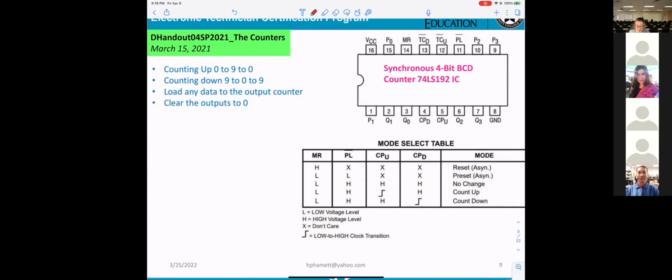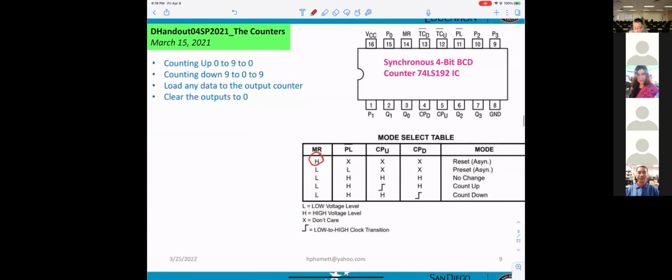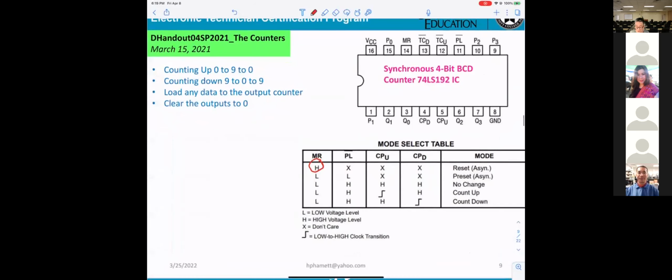Okay. When you're looking into the function table here, if you want to test for reset, clear, MR means master reset, logic 1. And the output will be 0.